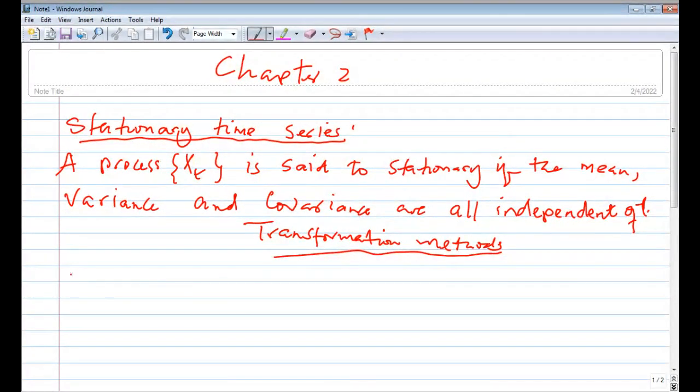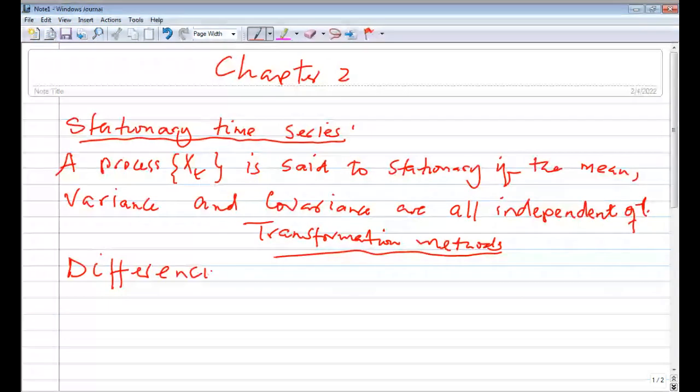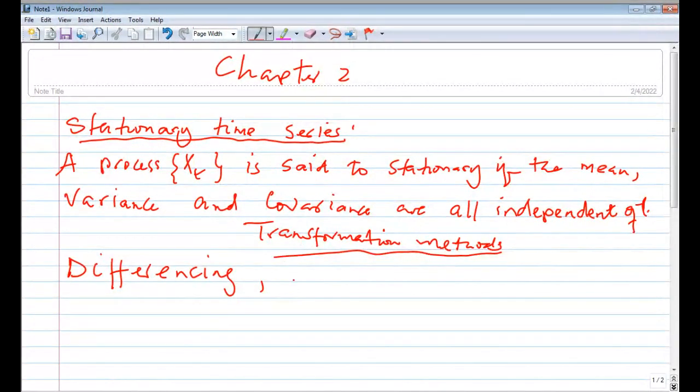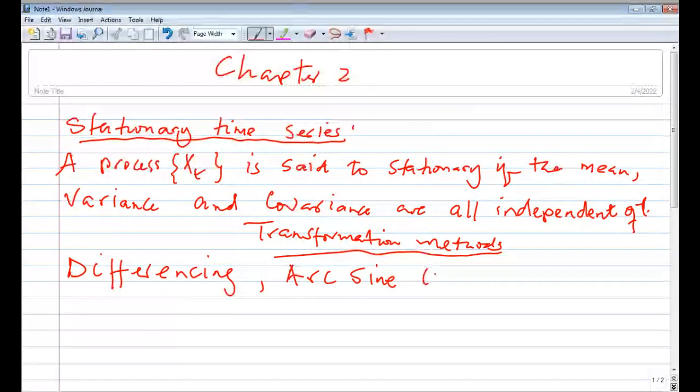Number one, differencing. Number two, sine transformation.